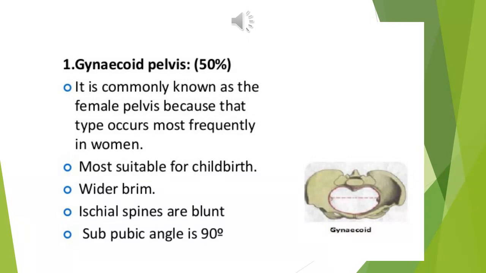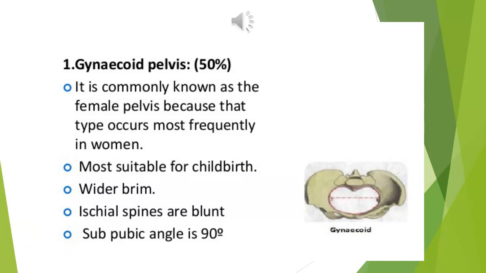The conjugate diameter is the anteroposterior diameter of the inlet. The transverse diameter is slightly greater than the conjugate diameter, as in normal females. That variety is known as mesatipelvic. So the gynecoid pelvis is a mesatipelvic pelvis depending upon the index, and this is more suitable for childbirth.